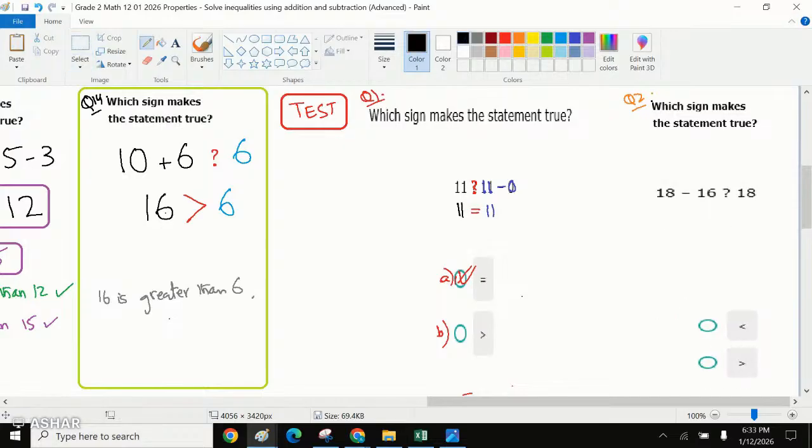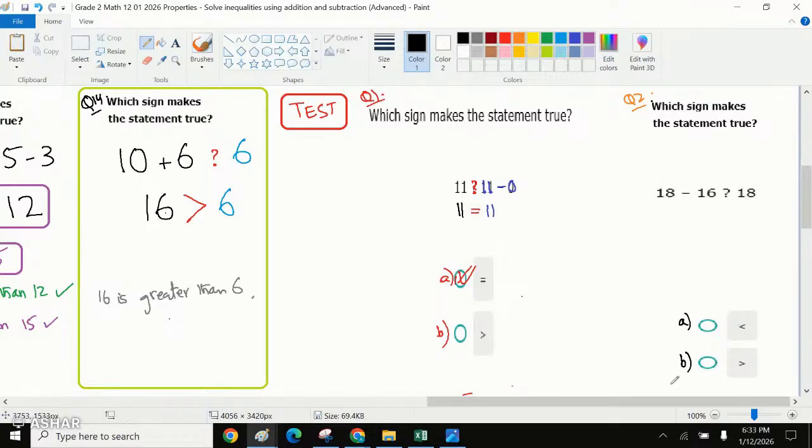We have option A and we have option B. So what should be the answer? The answer should be greater than or less than. Is it option A or option B?